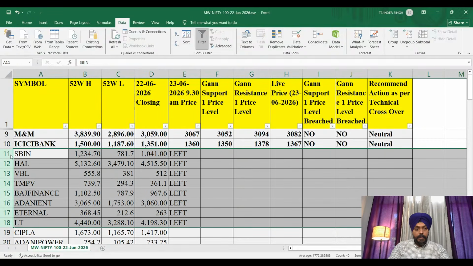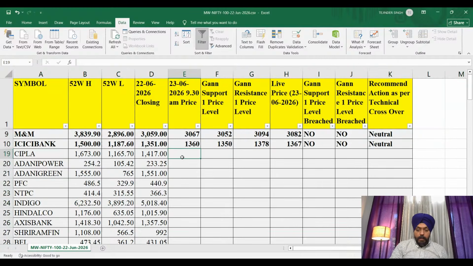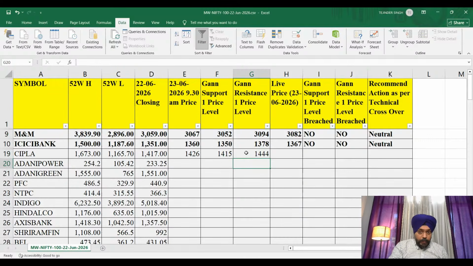Now we will update our Excel here. I will hide these cells. Okay, Cipla 9:30 a.m. price was 1426 and my Gann support 1 price level was 1415. Support is always on the downside and resistance always on the higher side. So resistance was 1444. This is the first stock so far that is trading above its resistance level 1.